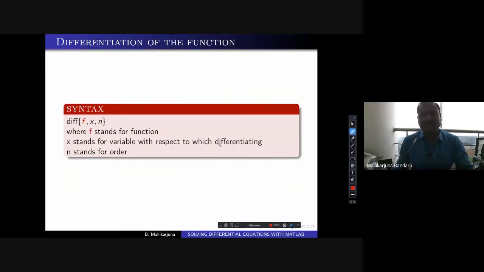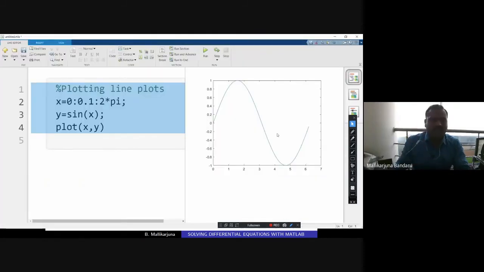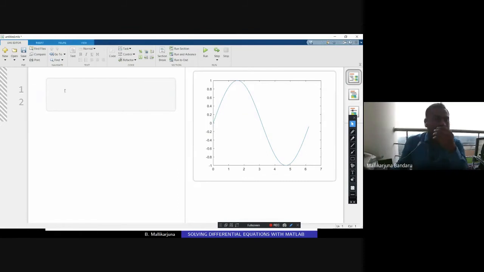In MATLAB, differentiation of f comma x comma n. Observe here, this is actually symbolic mathematics because the output is also in a certain variable. So for that, let me take the Live Editor here.